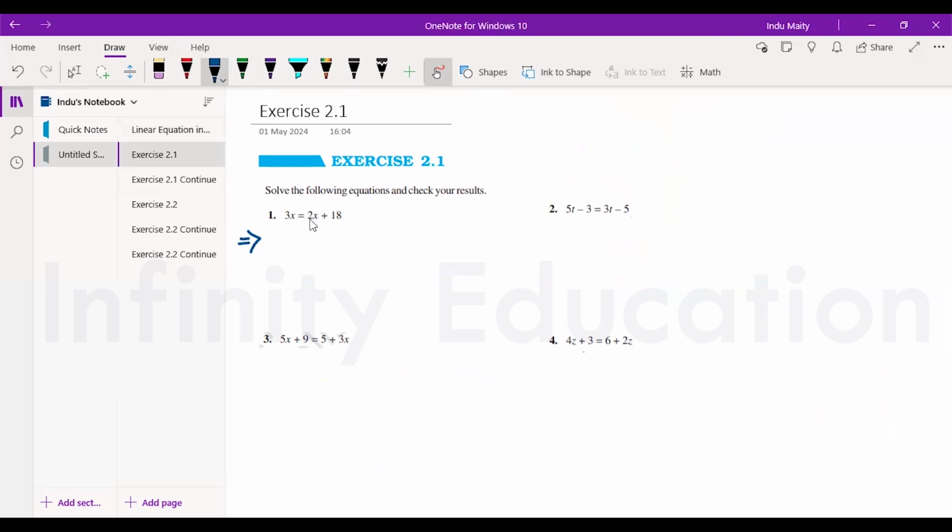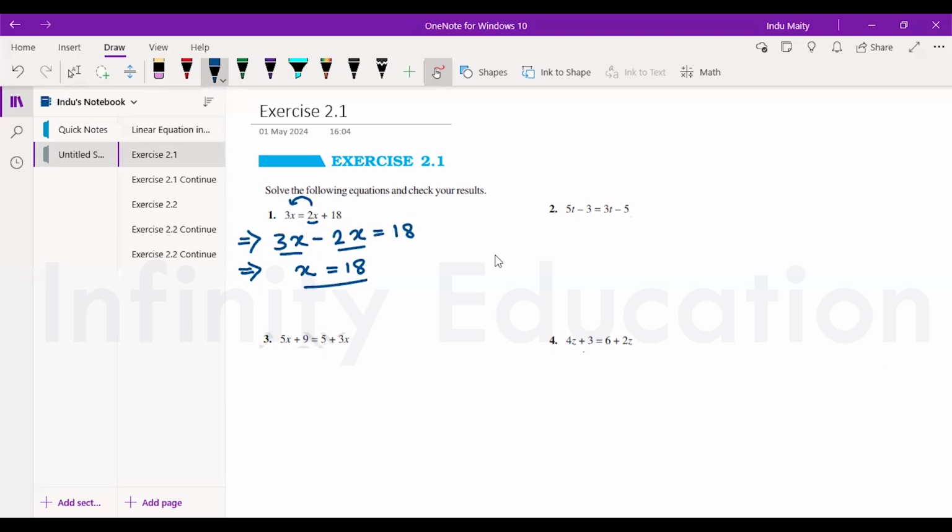As we know, this 2x needs to go to the left side, but this 2x is positive on the right side, so if we take it to the left side, it will be negative. So it will be 3x minus 2x is equal to 18. Now we just do the simplification. 3x minus 2x is x, so x is equal to 18. Now, if we put this value of 18 in the equation, it will satisfy.